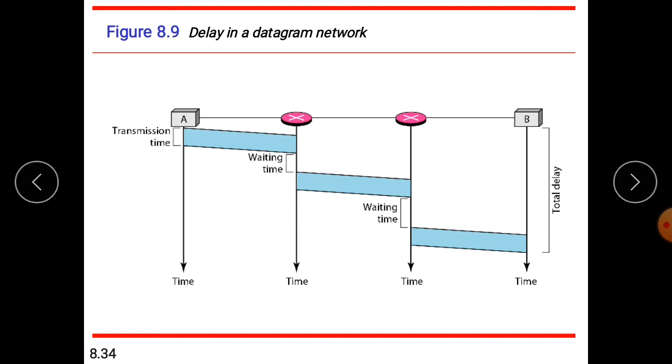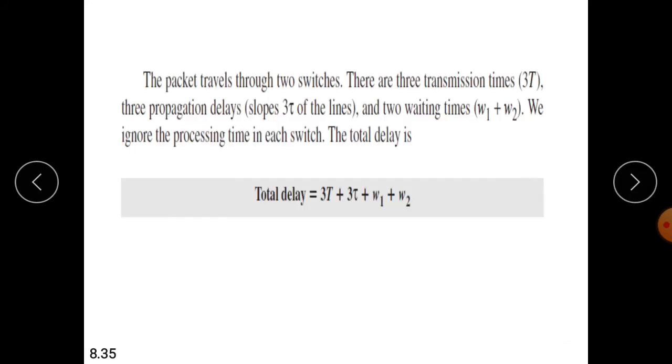So the transmission times, you can consider it as 3t in total, and the propagation delay, that is this slope, you can consider it as a total of 3 tau. So what we can calculate is the total delay.